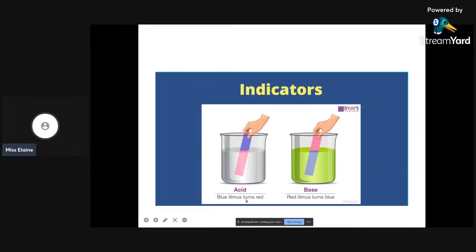The main use of litmus is to test whether a solution is acidic or basic, with different dyes extracted from lichens. When blue litmus turns red, it means acid. Always remember, if acid, it becomes red. While for base, red litmus turns blue. Base is blue. So acid, red; base, blue.